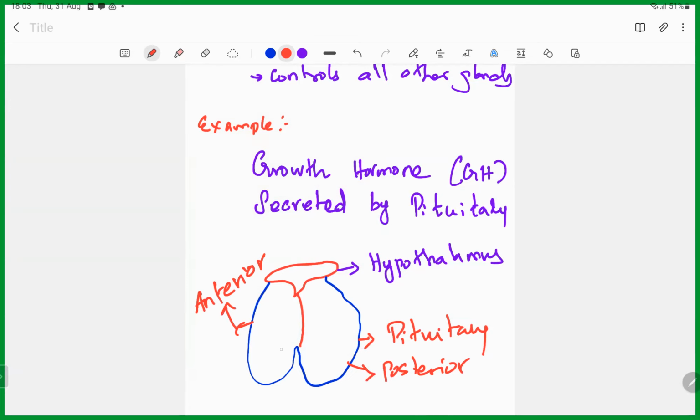Many hormones are synthesized from the anterior pituitary.